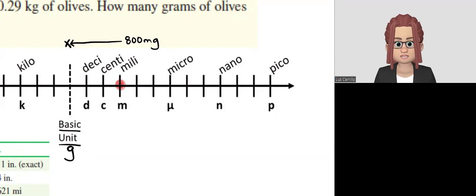So that means that in the digit 800, I'm going to move the decimal place 1 time, 2 times, 3 times to my needed unit. In the value of 800, we have an implied decimal place after the last 0, which is here. And when we move it 1 time, 2 times, 3 times, then the decimal place will now be living in this area, meaning before the 8. So you can see that we get the same number, 0.8.